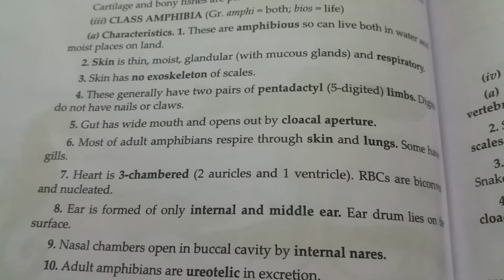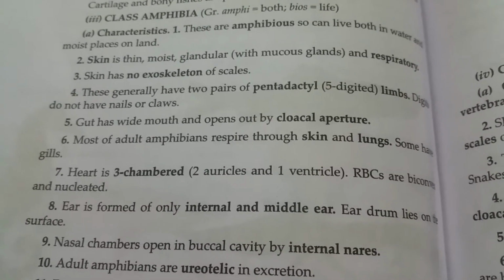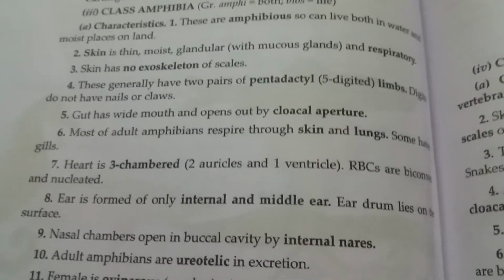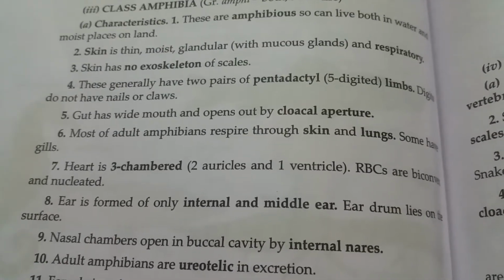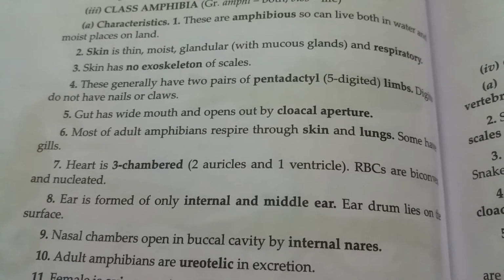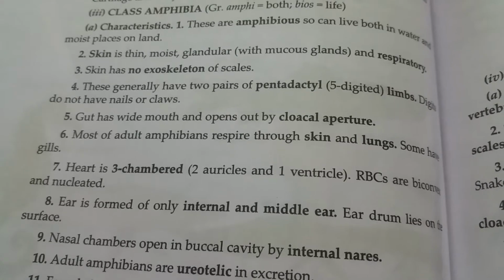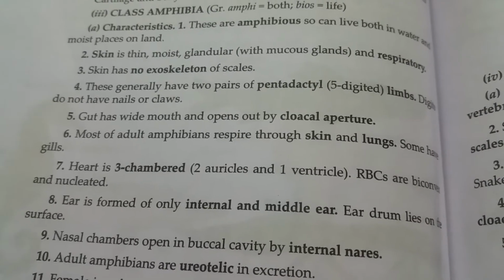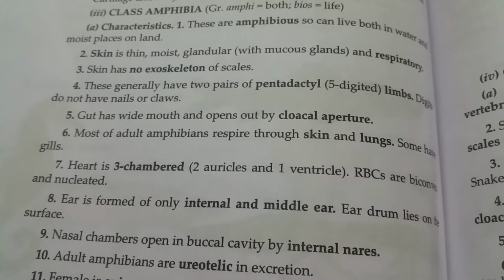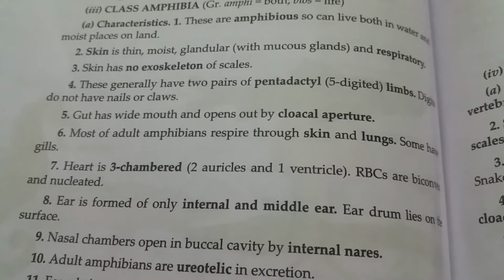Next point, skin is thin, moist, glandular and respiratory, means it can respire through skin also. Now skin has no exoskeleton of scales. There are no scales present in class Amphibia. Now these generally have two pairs of pentadactyl limbs, means 5 digit limbs.